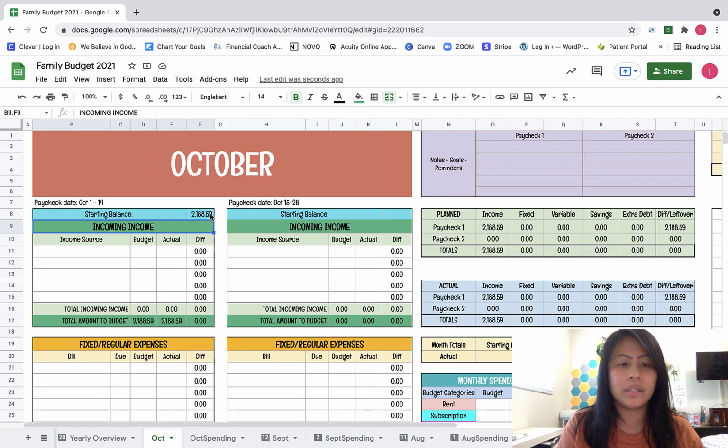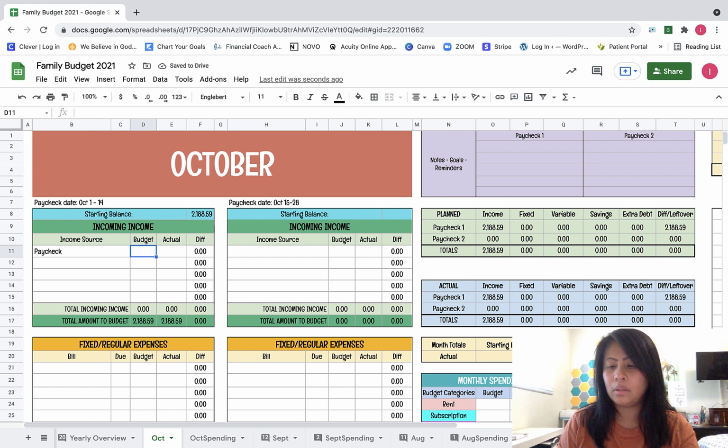So $2,188.59. And then my husband's paycheck, he did text me the amount, and it's lower than what he would usually be getting paid because he went out on sick leave for a couple of the days.